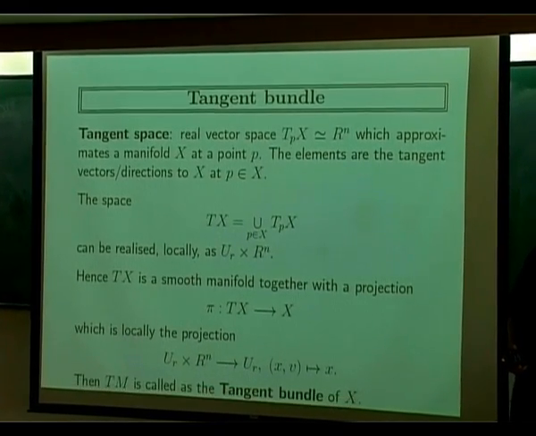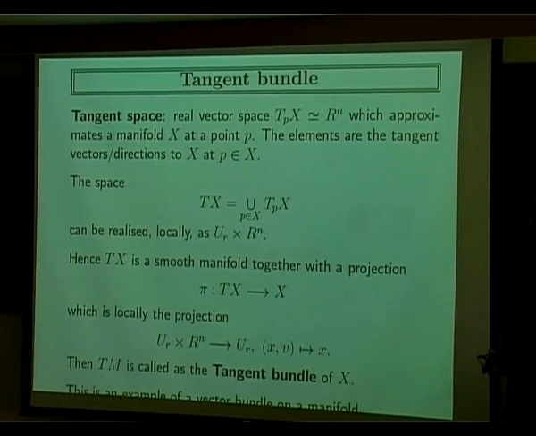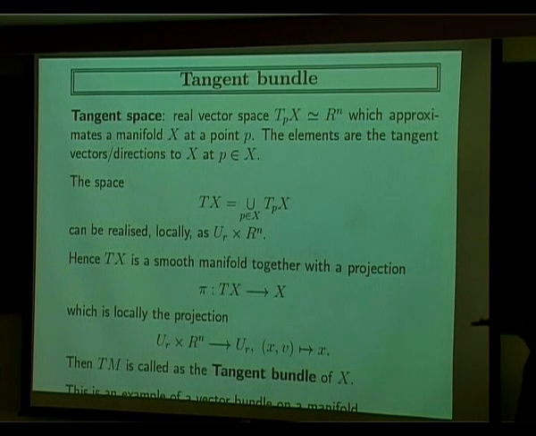So this motivates a definition of the tangent bundle, which generalizes to the notion of vector bundles. Let us start with the notion of tangent space. As we saw, manifolds are good topological spaces which come equipped with a covering whose open sets look like open subsets in a fixed Euclidean space.